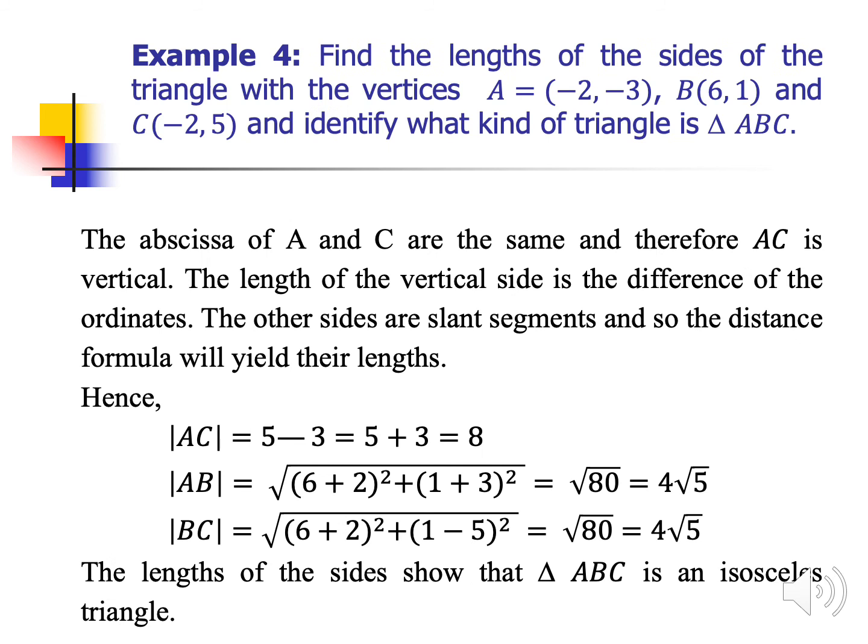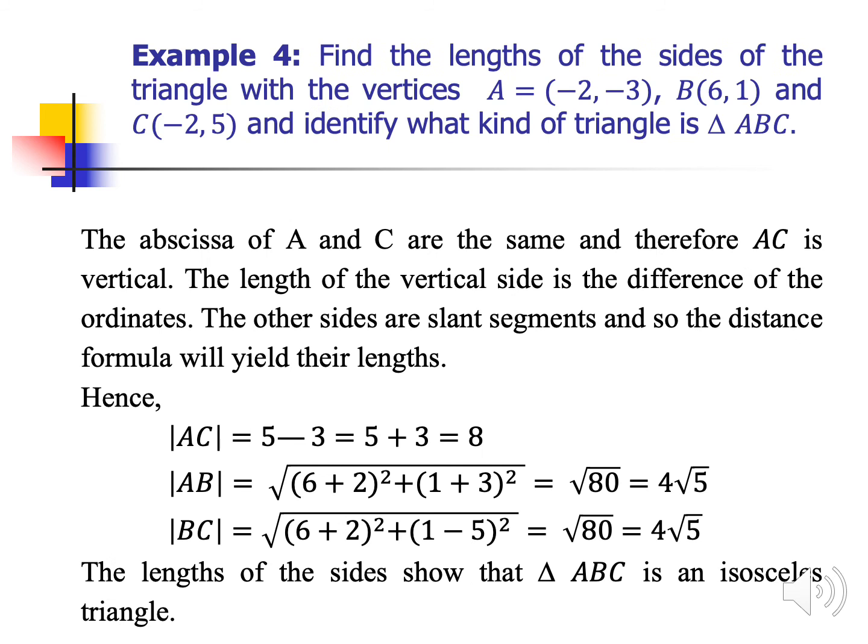So, we have AC. Our AC is from point A to point C, and they have the same x-coordinate, the abscissa, so we don't need to use the distance formula.